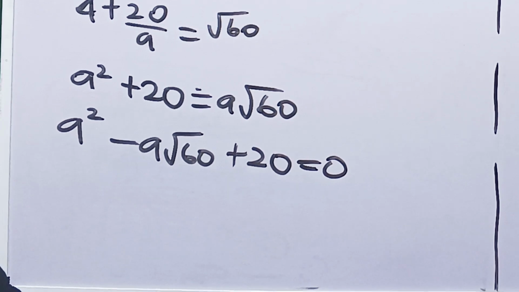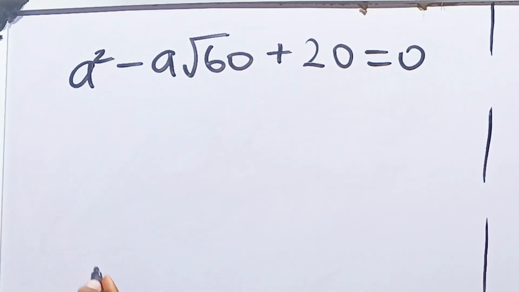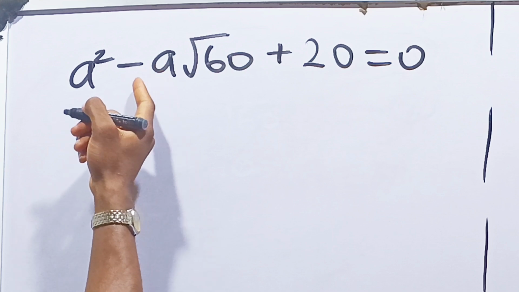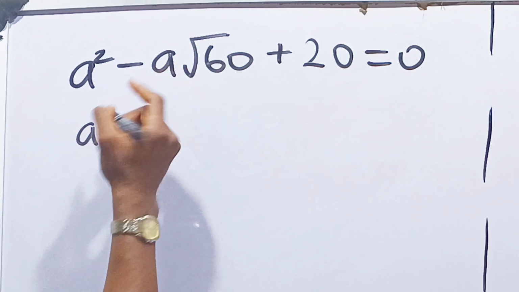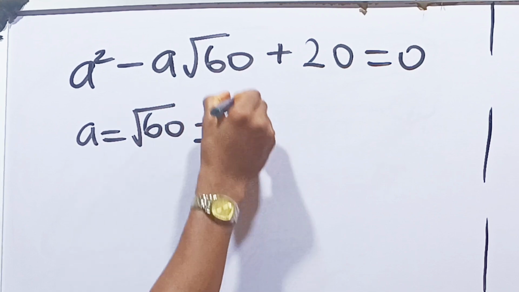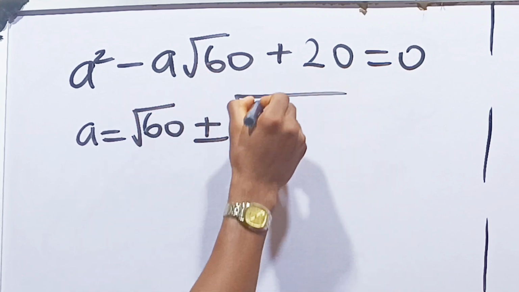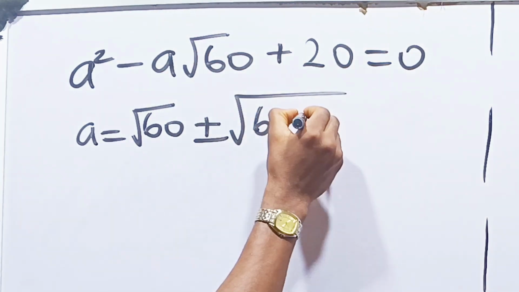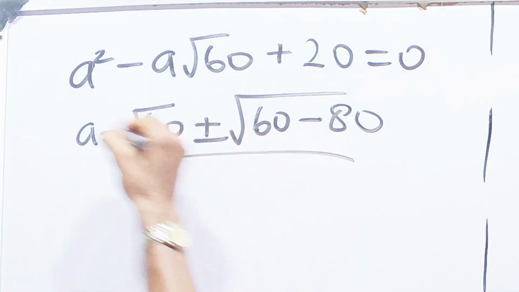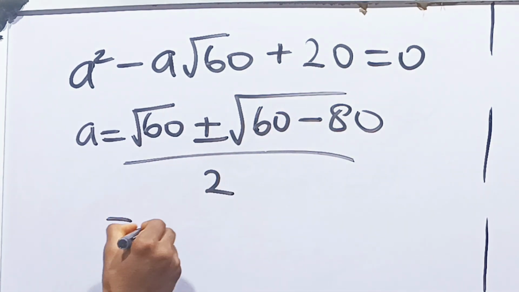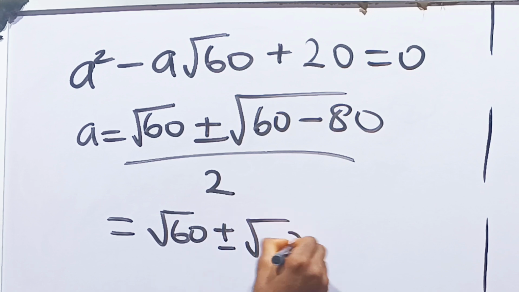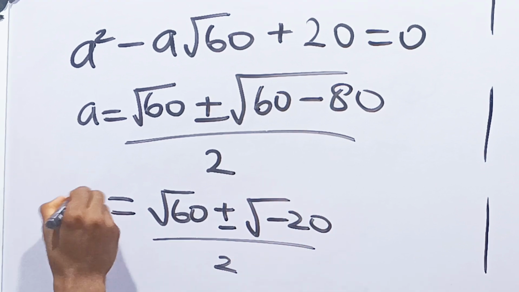Let's now apply the quadratic formula to solve this. So solving this quadratic equation together, we have that a here will be equal to minus the coefficient of a, which is minus root 60, plus or minus the square root of root 60 squared, which is 60, minus 4 times 20, which is 80, all over 2 times 1, which is 2. This becomes equal to root 60 plus or minus the square root of negative 20, all over 2, is equal to a.